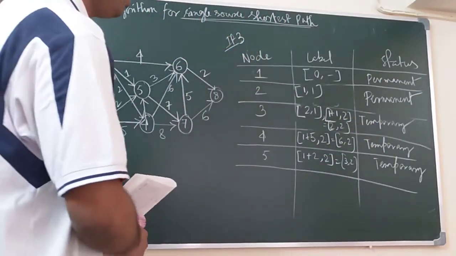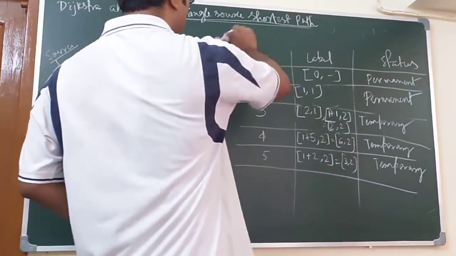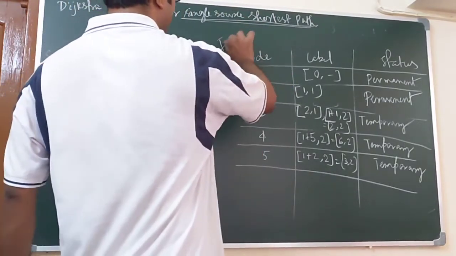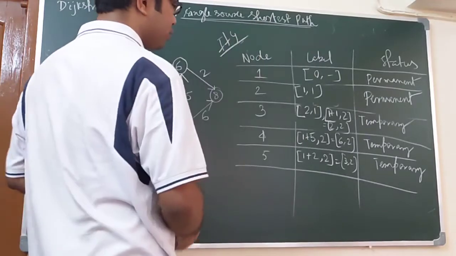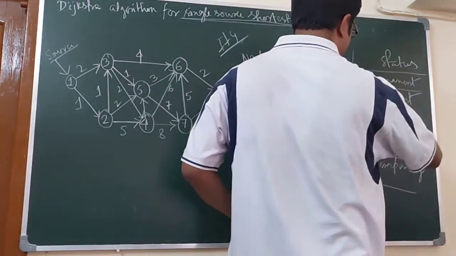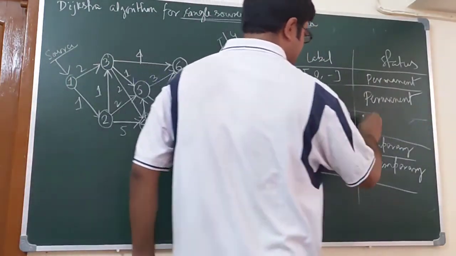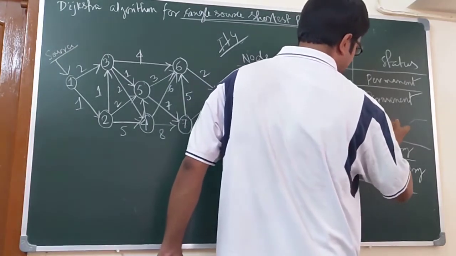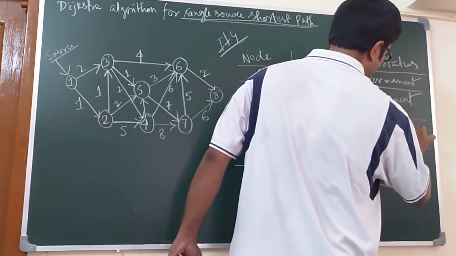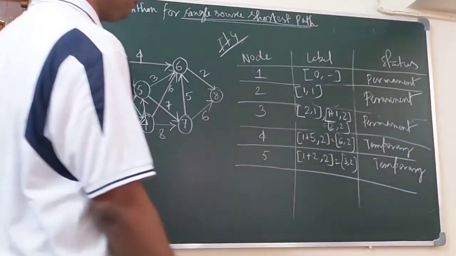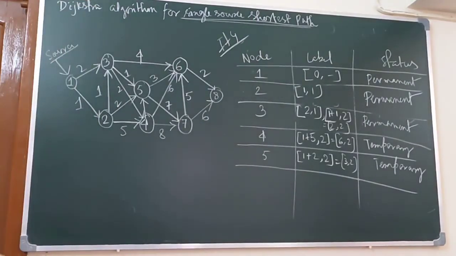Okay. So iteration 4 begins with temporary to permanent of node 3. Iteration 4. Okay.